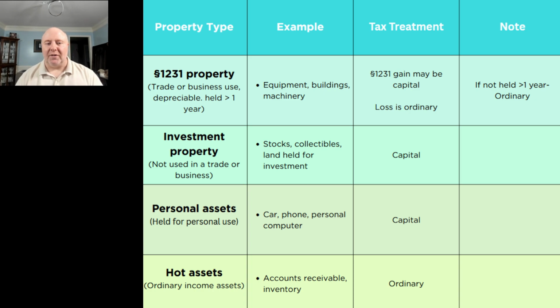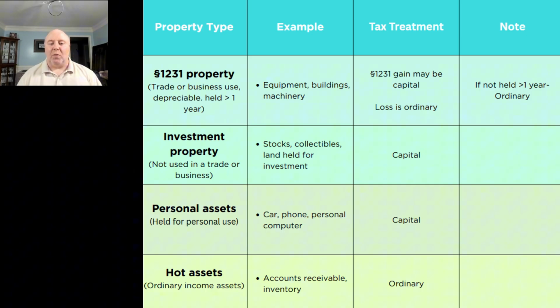Now remember, if you have a capital loss from a sale of a personal asset, we don't get to recognize capital losses. The third type is going to be our investment property that's not being used in a trade or business. So maybe you have some land that you're just keeping and hoping that it appreciates. You have your stocks, you have some collectibles. So maybe you collect Pokemon cards, stamps, artwork, whatever it is.